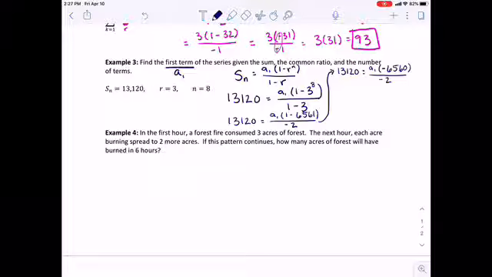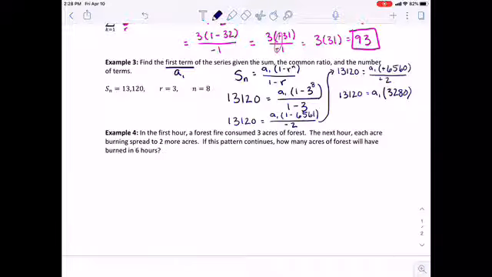Now again, my negatives are going to cancel, and I get that 13,120 equals A sub 1 times 6,560. If I divide that by 2, I get 3,280.